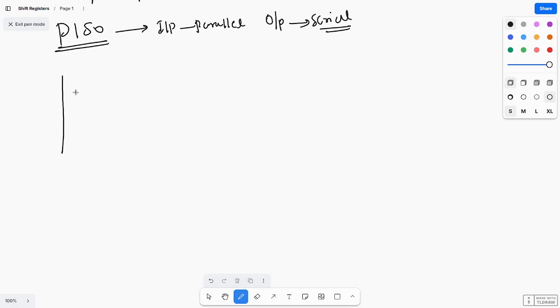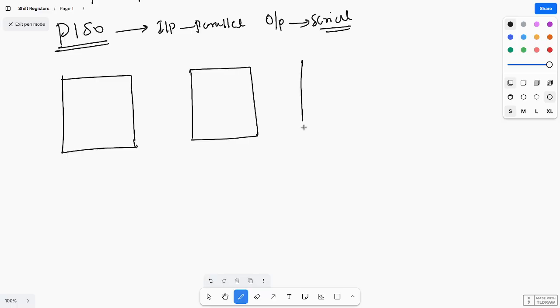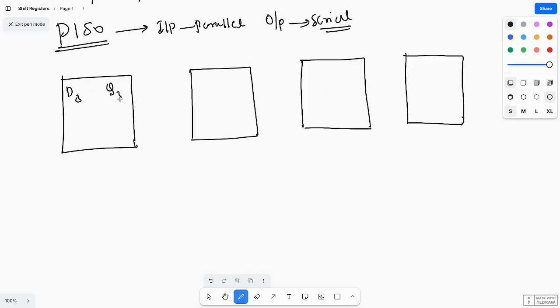I'll draw the four flip flops. Here this is D3, Q3, D2, Q2, D1, Q1, D0, Q0.